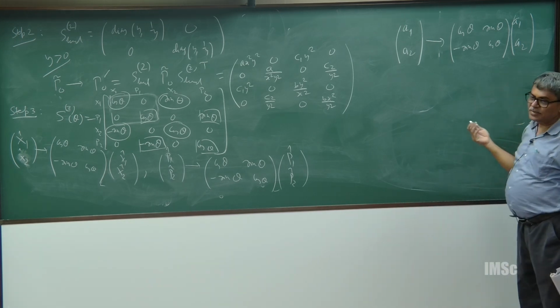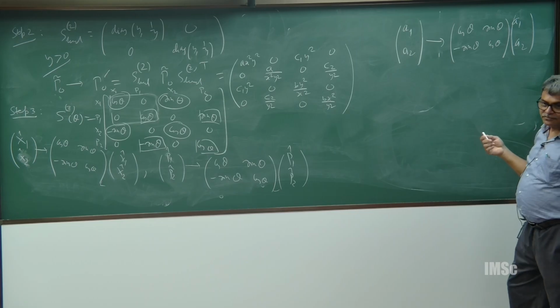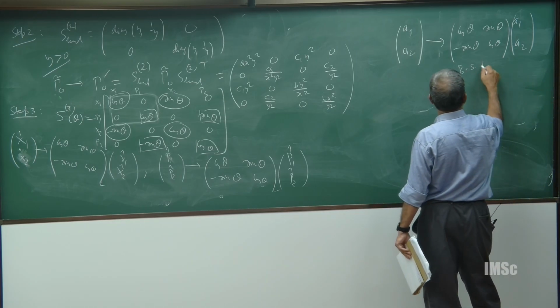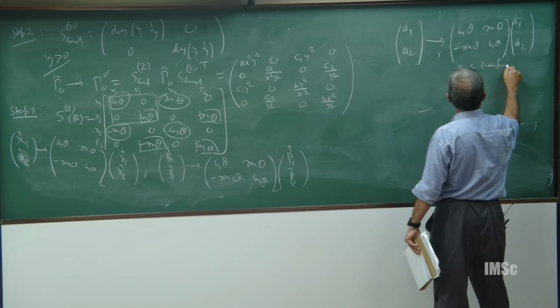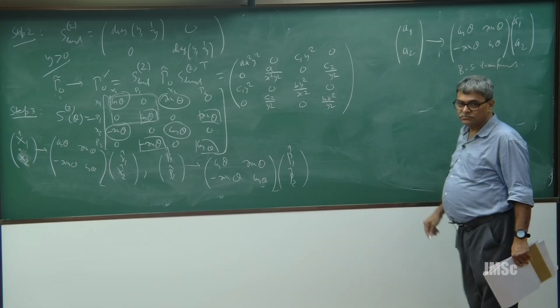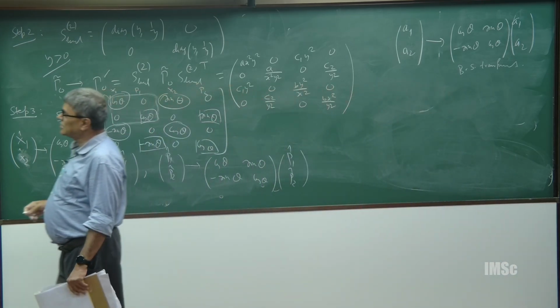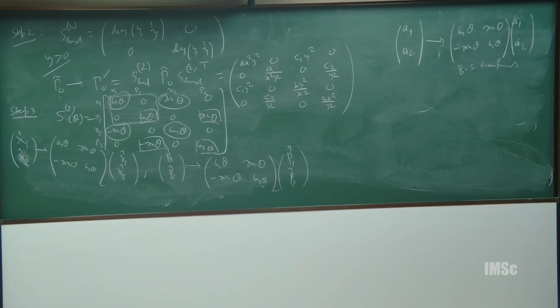And what is it? This is the beam splitter transformation. Okay. And we know that under beam splitter transformation a classical state will remain a classical state, a non-classical state will remain a non-classical state. Okay. So, this is a beam splitter transformation, right.